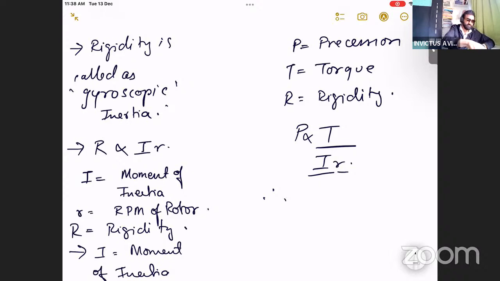Do not get confused with the word rate here and there.